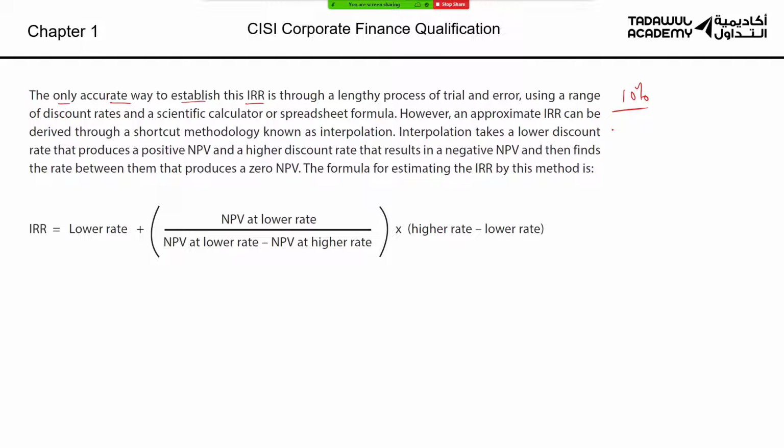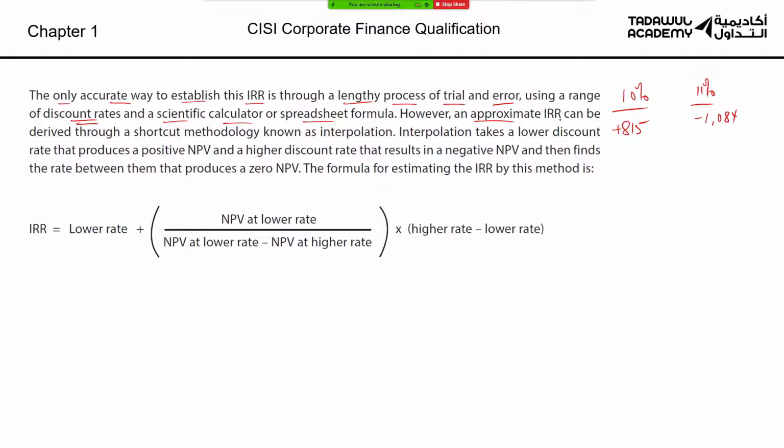At 10%, we're going to get a positive 815, and at 11%, we're going to get a negative net present value of 1084, if I'm not mistaken. The only accurate way is through a lengthy process of trial and error, using a range of discount rates, 10.01, 10.1, 10.2, 10.3, all the way to 10.9. You probably need 6 hours in this exam, and a scientific calculator or a spreadsheet formula.